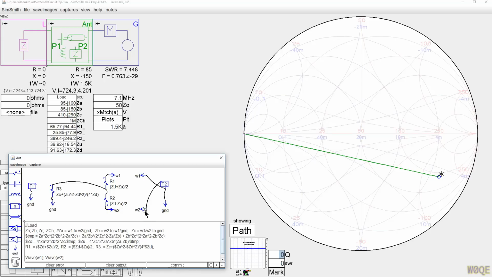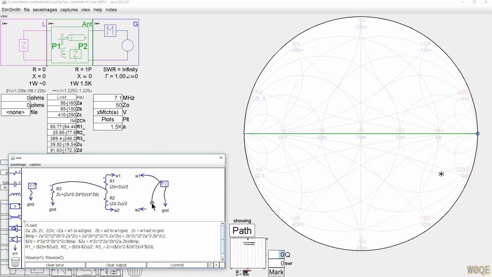And then finally we make one more measurement, and that's Z sub C, where W1 and W2 are connected together, and you make that measurement relative to the invisible connection to ground that the antenna has. And we save those three impedances.